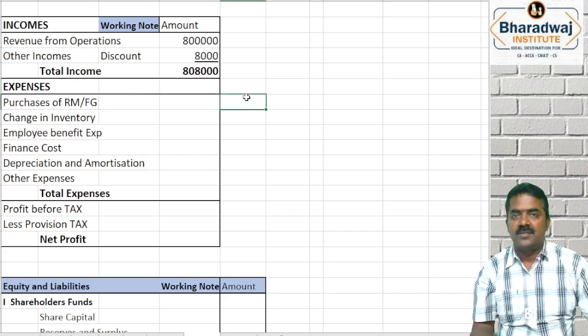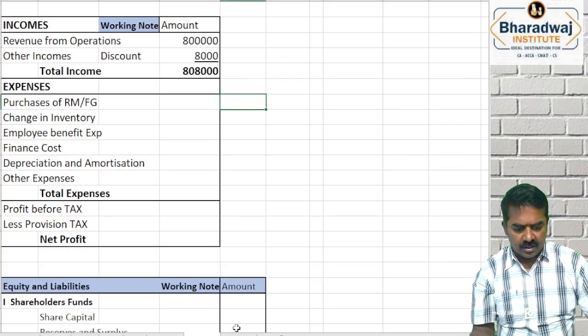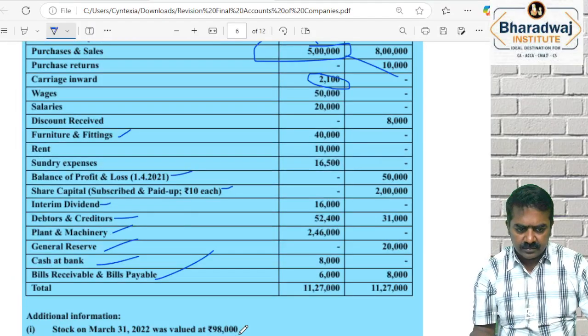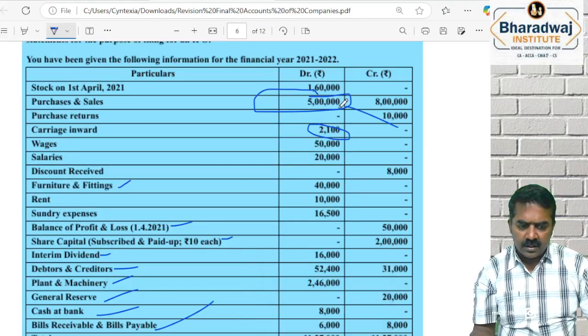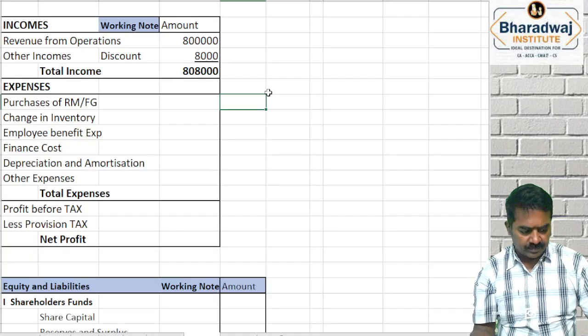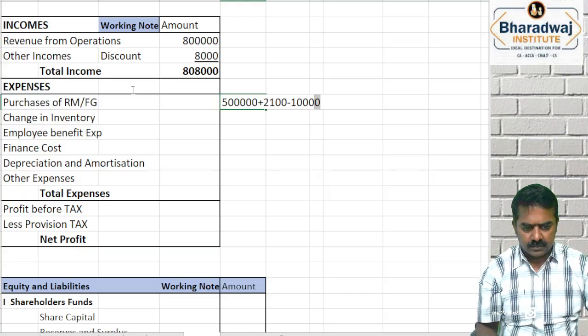What is it? 5 lakhs gross, with working: 5 lakh plus 2,100 minus 10,000. Four lakh 92,100.